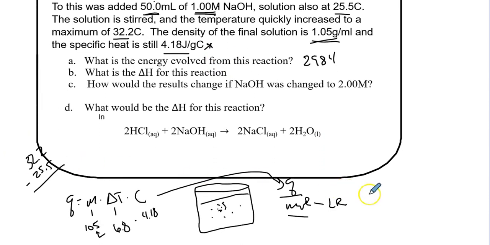Molarity times liters equals moles. Molarity is 1, and I want to use the 50 milliliters because that's the amount of actual moles that I have for that half. So 0.05 liters, and that's just going to be 0.05 moles.